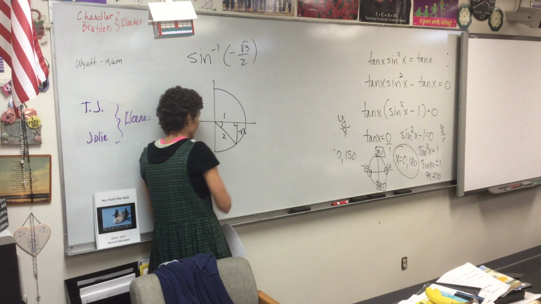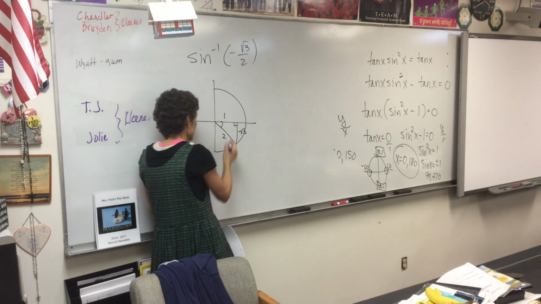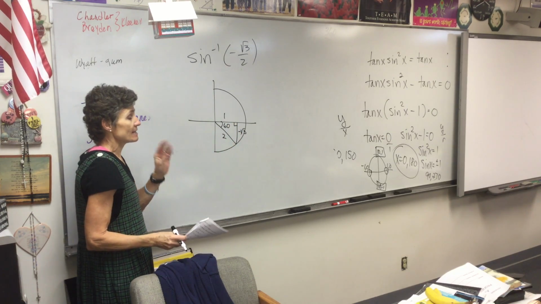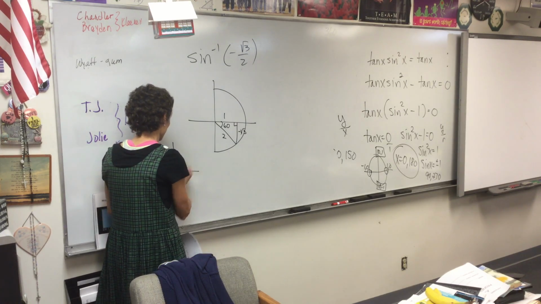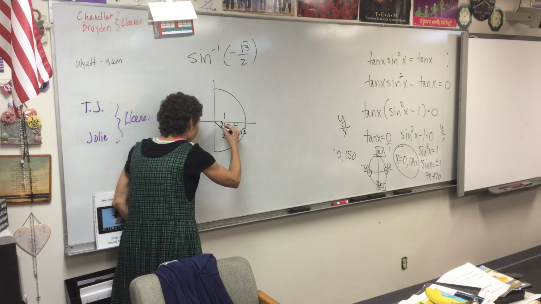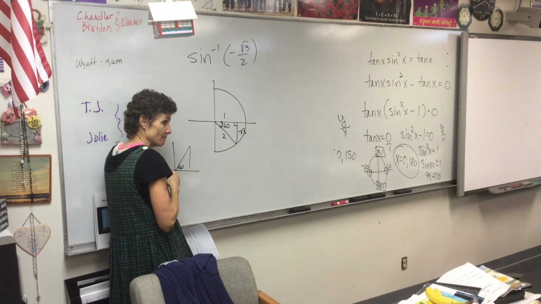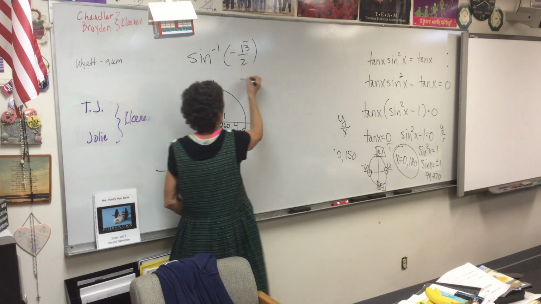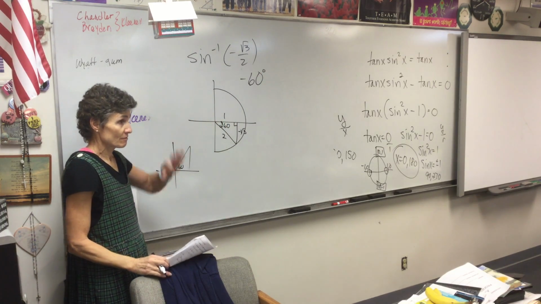And we know this angle is, look where it is, so that angle is 60. Now, do not say the answer is 60, because 60 would be up here, right? We want to go down, and since we're going down 60, the answer is negative 60. You guys, come on, we gotta remember something. Negative 60.